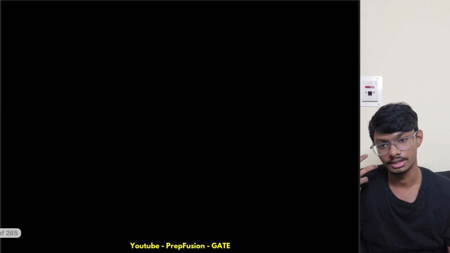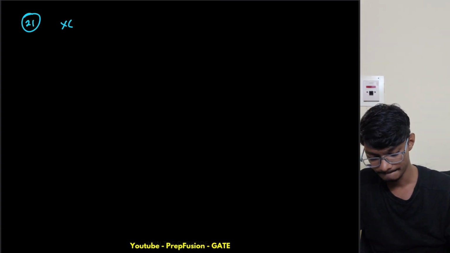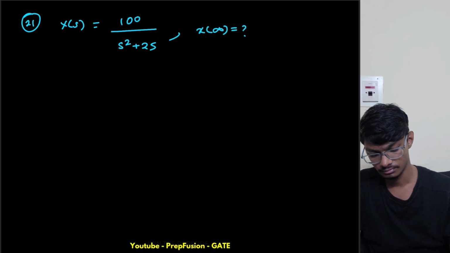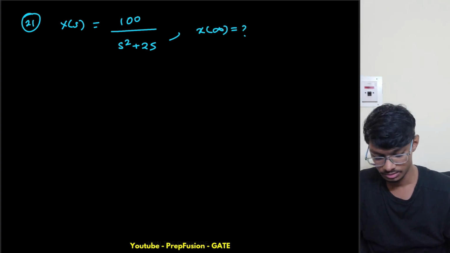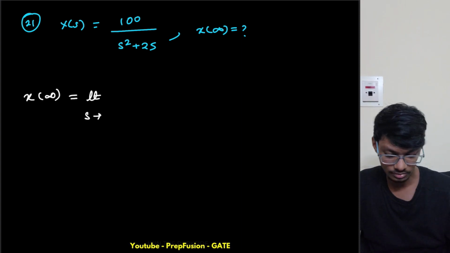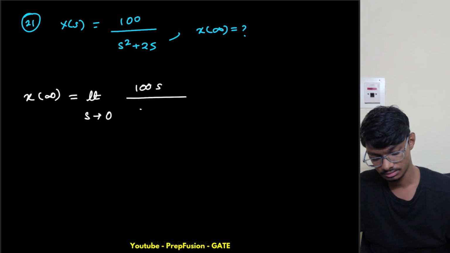Also for marginally stable systems, the same thing will happen again. X of s equals 100 s by s square plus 25.